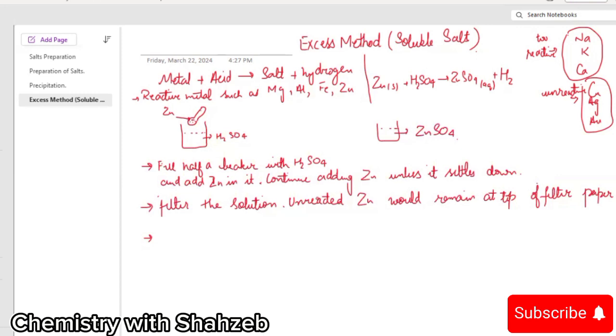Now, what we are going to do? We are going to heat the aqueous solution of zinc sulfate until it reaches its saturated point.